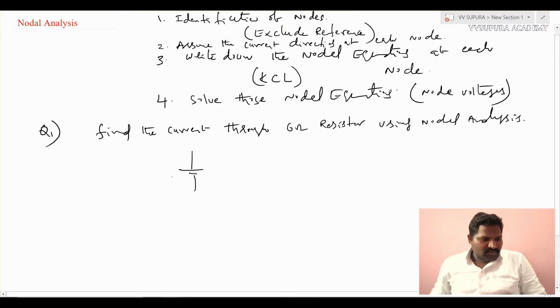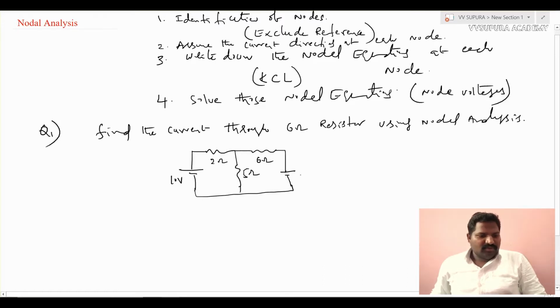A voltage source of 10 volts, one resistor of 2 ohms, 5 ohms, and this will be 6 ohms. And here one voltage source, so that will be 5 volts.